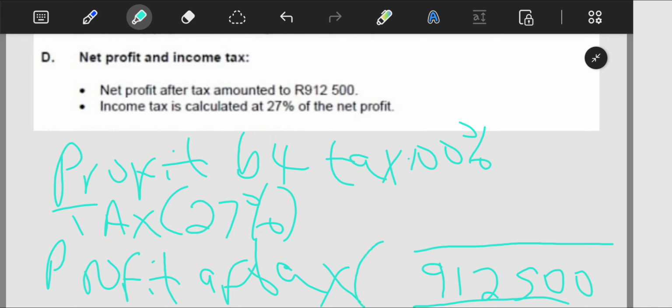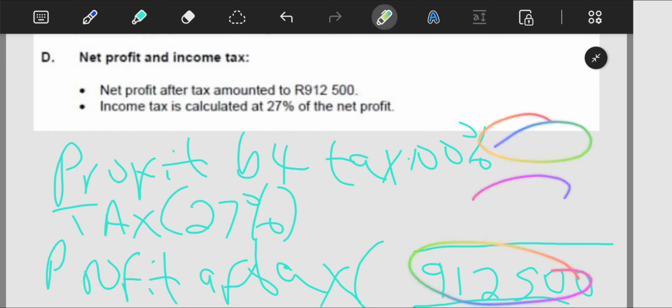And this is 100 minus 27, because to get this is this minus this.